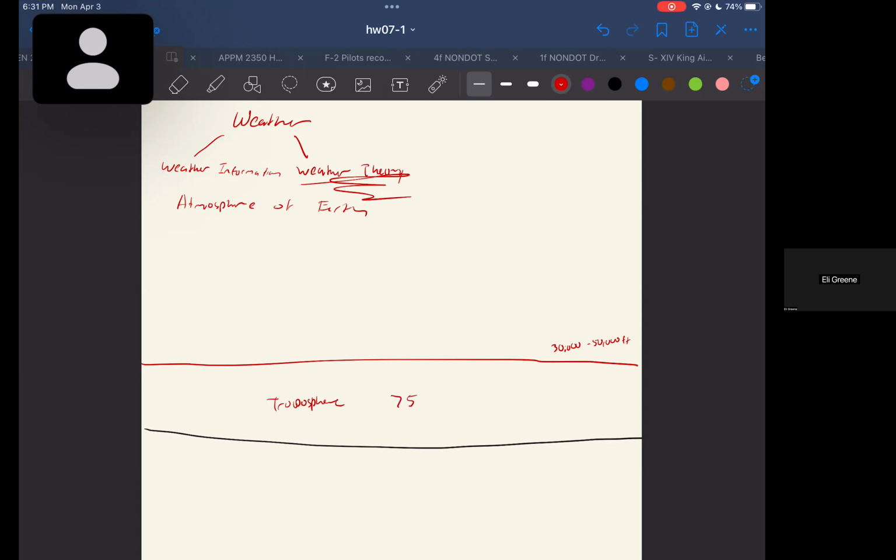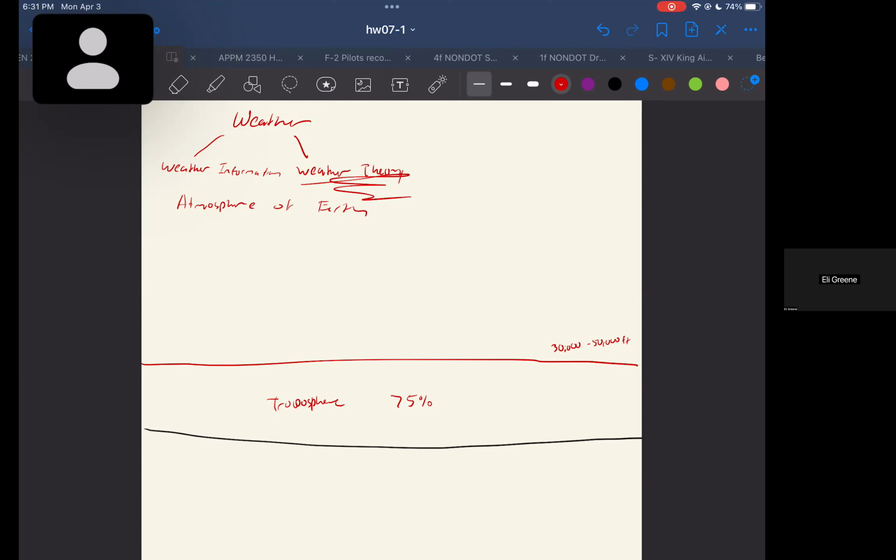So it contains most of the atmosphere, and not only that, it's going to contain most of the weather, because it has most of the water vapor and most of the different heating cycles and all that kind of stuff. So the troposphere is pretty much the main focus of this lesson, because that's where most of our airplanes are going to fly, and that's also where weather is actually going to happen.